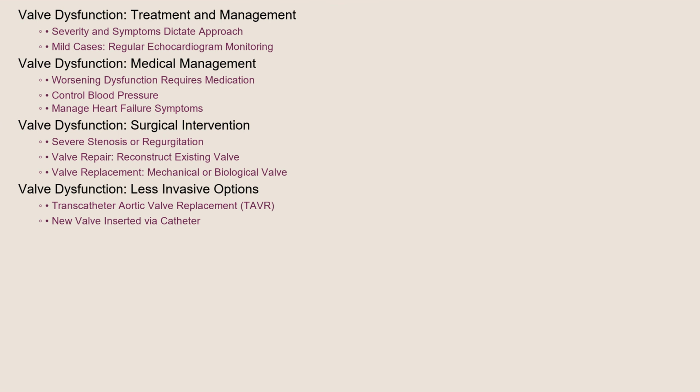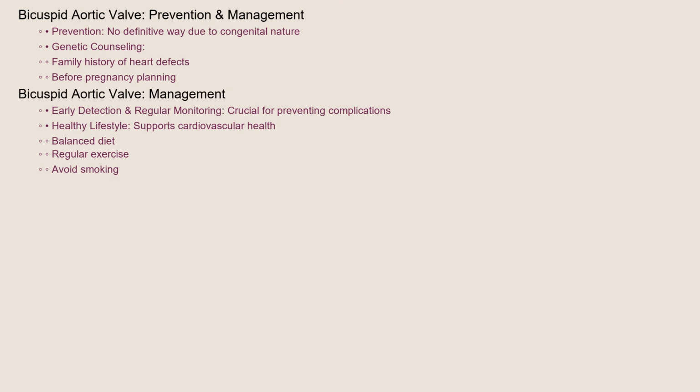This could involve valve repair, where the existing valve is reconstructed, or valve replacement, where the damaged valve is replaced with a mechanical or biological valve. Transcatheter aortic valve replacement, or TAVR, is a less invasive option for some patients, where a new valve is inserted through a catheter.